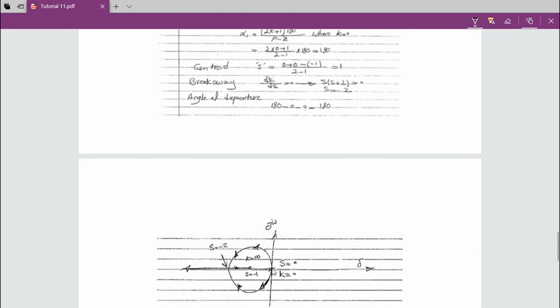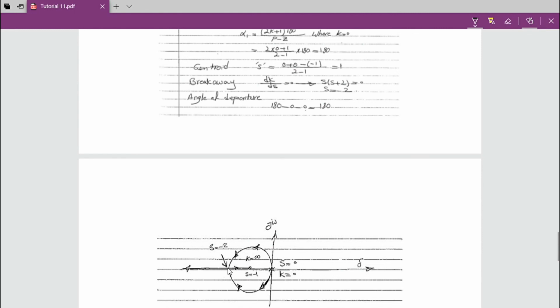So if you break away from here, then you end up at s is equal to minus 2, right. You are starting from a pole, so you need to end at a zero. The zero is over here, s is equal to minus 1. So you start, you know your breakaway and break-in points: you break away at s is equal to 0, you break in at s is equal to minus 2, and then you come to the zero.